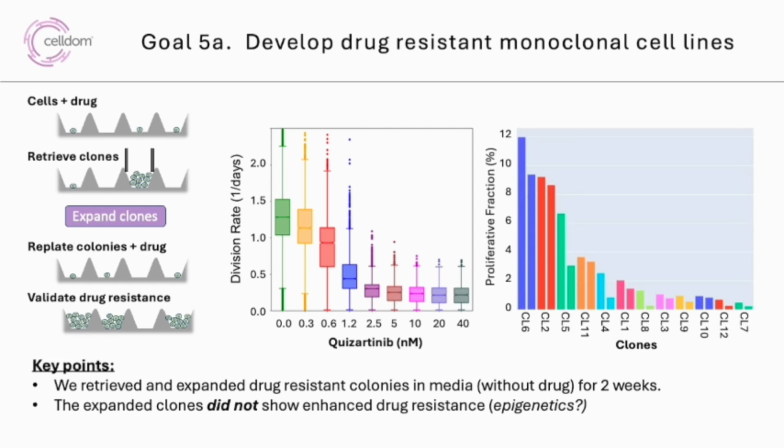However, as you can see here, our results showed that each of the clones behaved qualitatively similar to the parental line that never experienced the drug. In other words, these cells likely did not have any permanent, i.e. genetic, alterations that would allow them to maintain their drug-resistant state. Instead, it became clear that these cells were developing transient methods to resist a drug that perhaps were of epigenetic or transcriptional nature and origin.